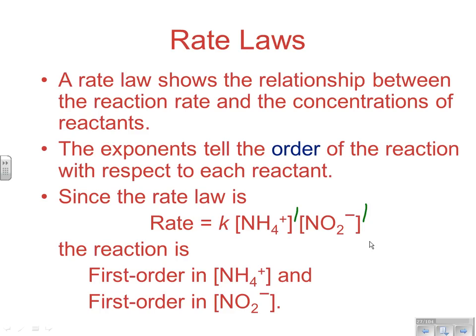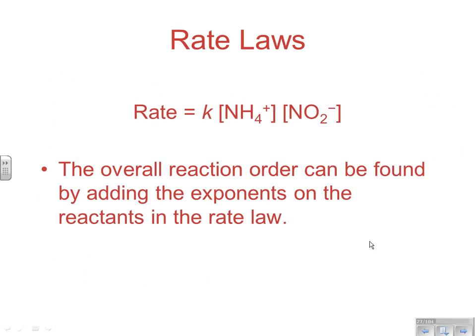So one of the terminology phrases that you'll need to get a handle on this chapter will be the idea of first order in, or more importantly, which is typically seen as, first order with respect to. So the rate of this reaction is first order with respect to NH4 plus, and it's also first order with respect to NO2 minus. So the order is really the exponent that you put on the reactant concentration to see how it affects the rate.